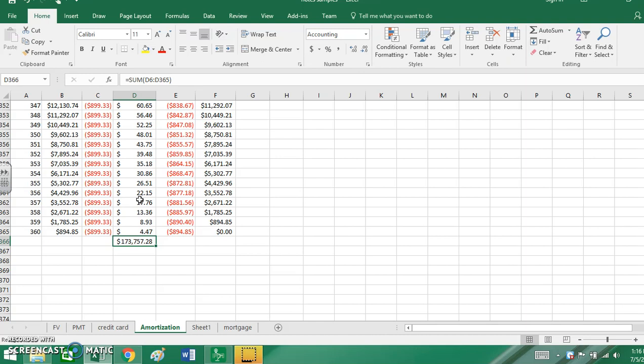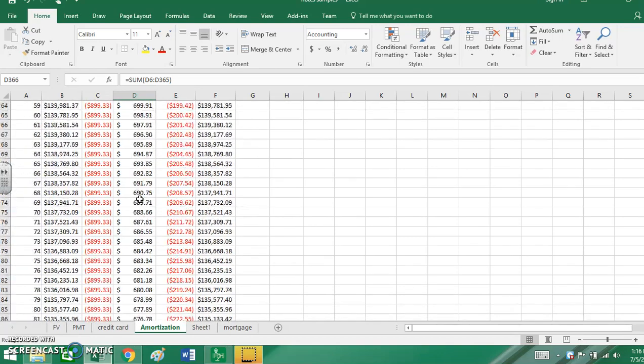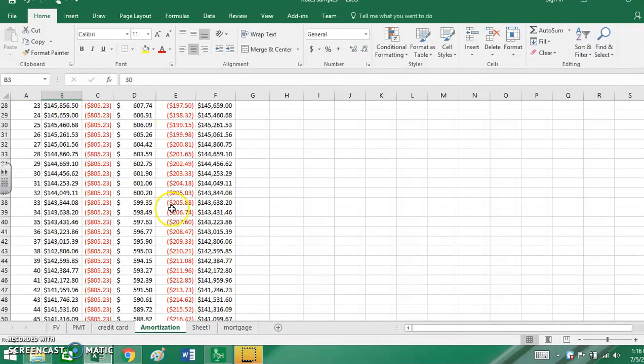So then the question says, what if I only had to pay 5% interest instead of 6% interest? Well, here's where the spreadsheet is so nice. Here's my interest rate right here. If I just change that to 5%, notice my monthly payment changes.